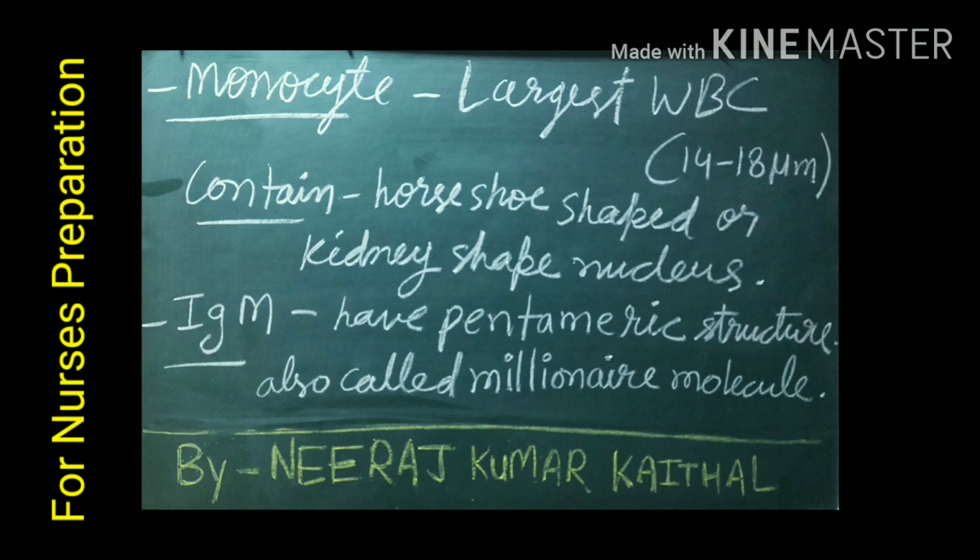Monocyte cells contain a horseshoe shaped or kidney shaped nucleus. IgM, immunoglobulin M, has a pentameric structure and is also called the millennium molecule.